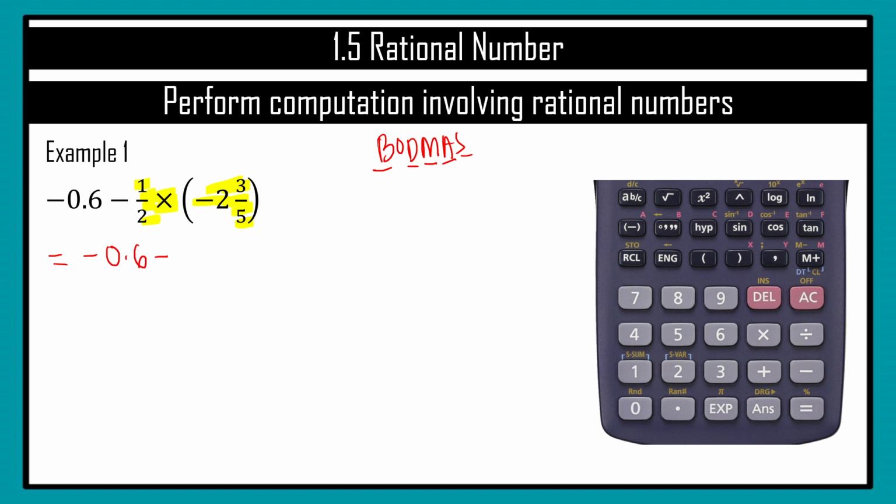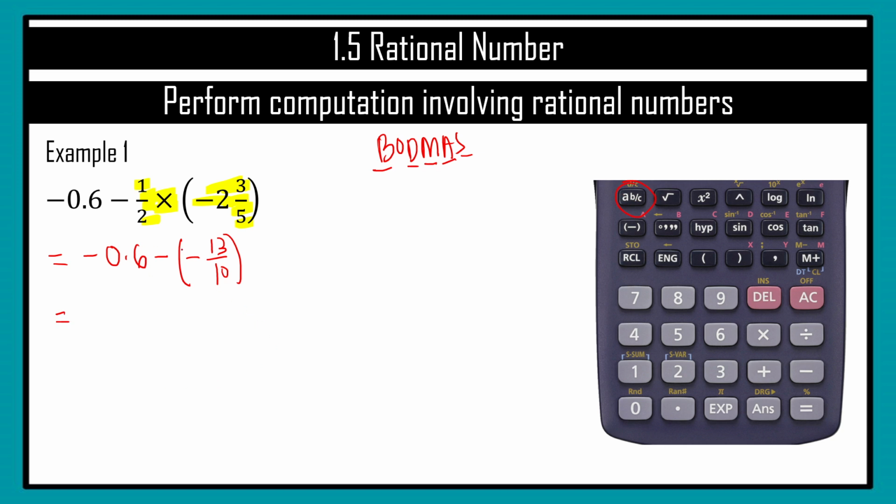You should be able to get negative 13 over 10. If you do not know how to change this one, use the function shift and then press the fraction button again.